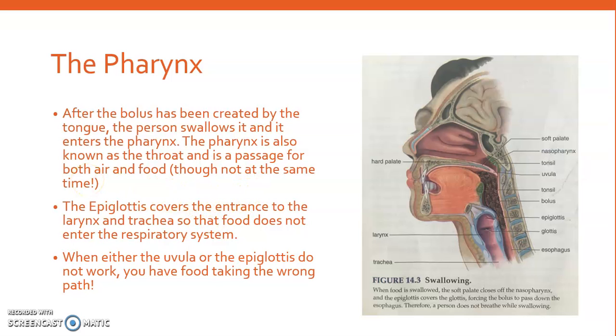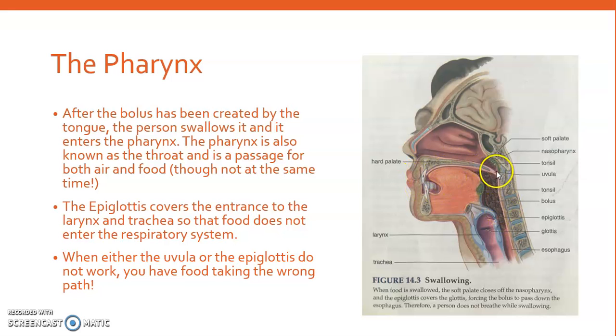So after the bolus has been created by the tongue, the person swallows it and it enters the pharynx. So the pharynx is known as the throat and is a passage for both food and air, though not at the same time. We have the epiglottis here that we can see. This is the bolus of food, this kind of brownish substance. This was the mouth.